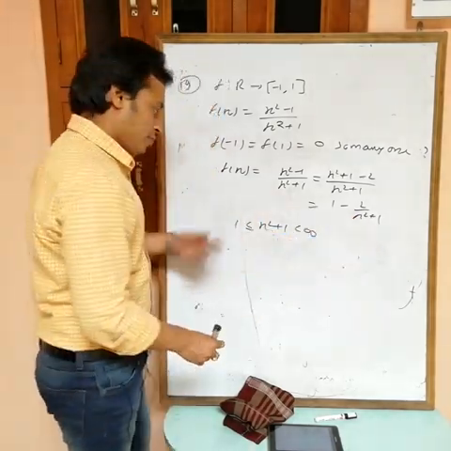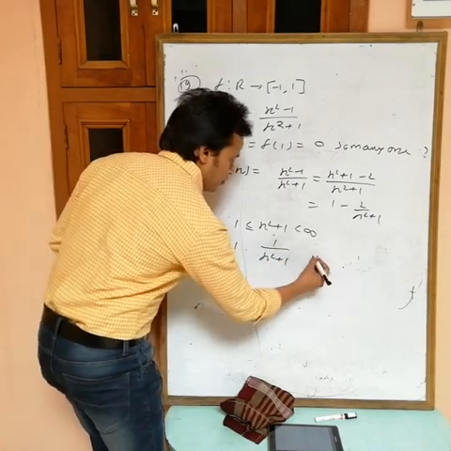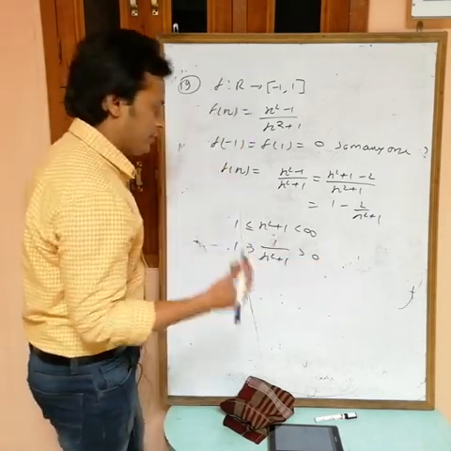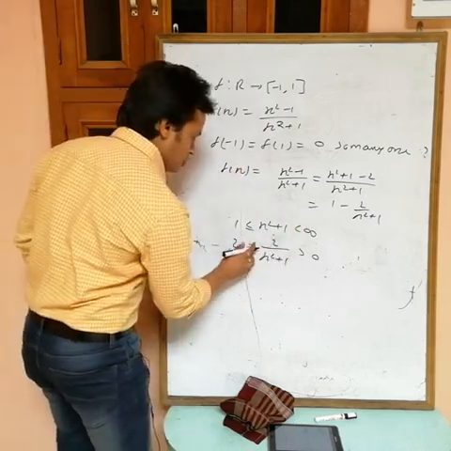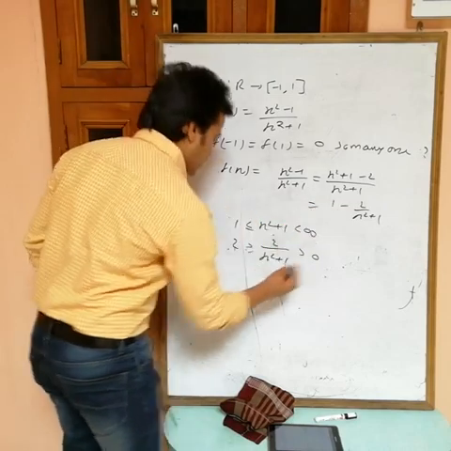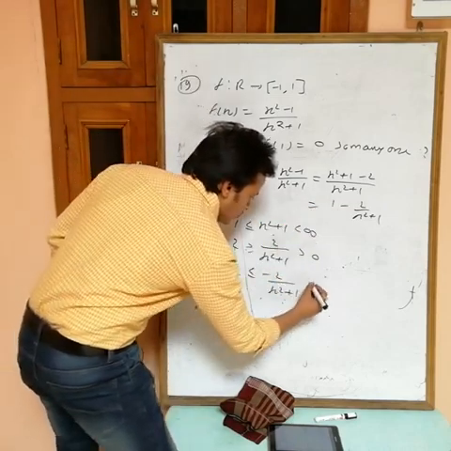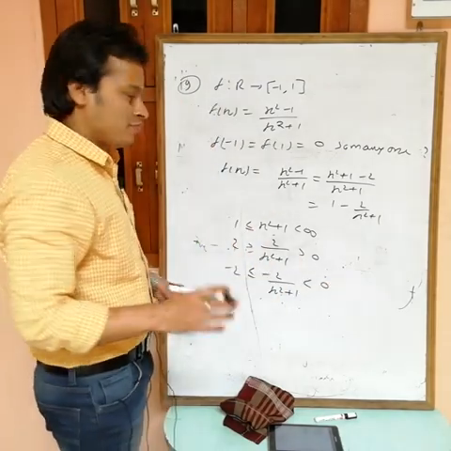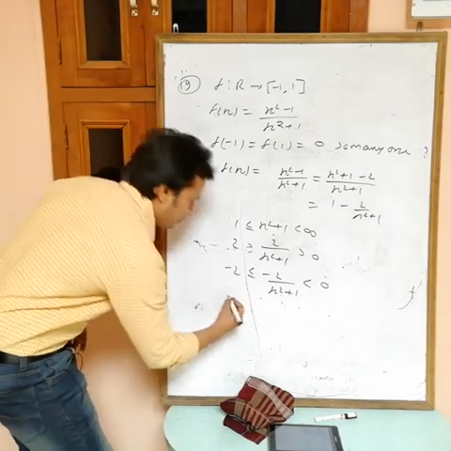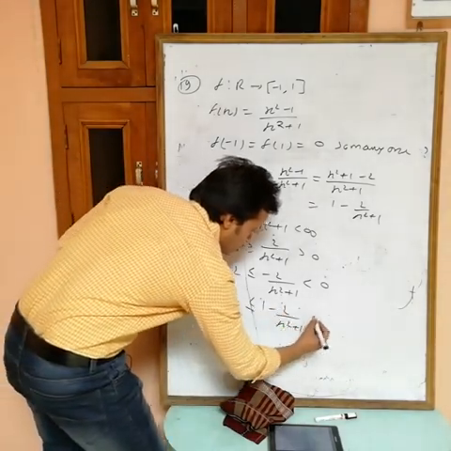Take 1 by x square plus 1: 1 by 1 is 1, 1 by infinity is 0, so change the sign of inequality. Multiply with 2, then multiply with minus 2 by x square plus 1; minus into 0 is also 0. Add 1: 1 minus 2 by x square plus 1.